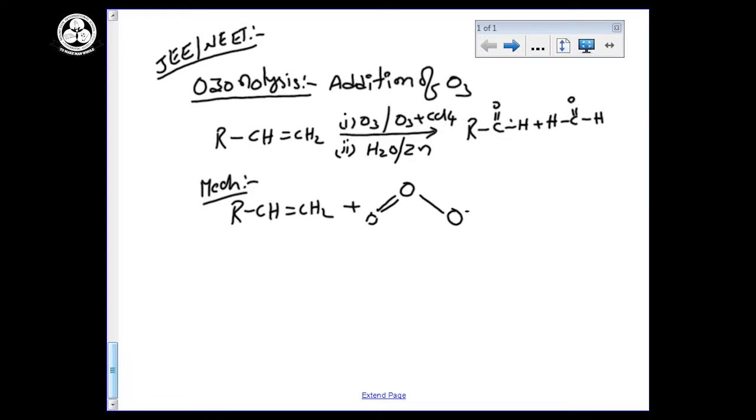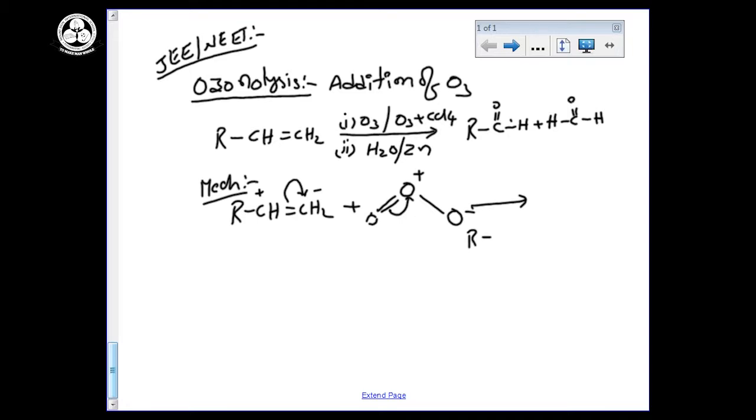This is minus and this is plus. If it is plus, I am giving the electrons to this one, so it becomes neutral. And this double bond will be shifted into this one. This is minus and plus. Carefully observe what we are writing.